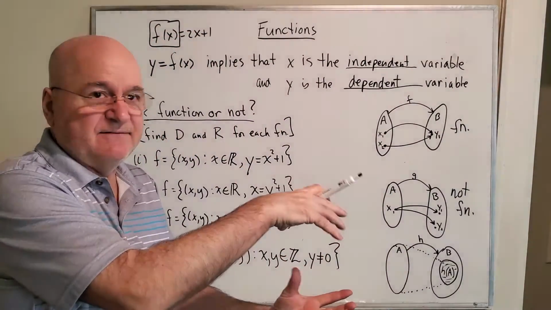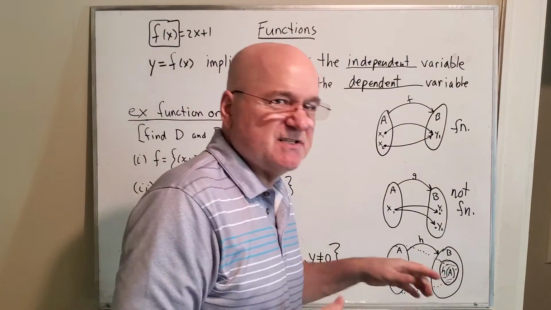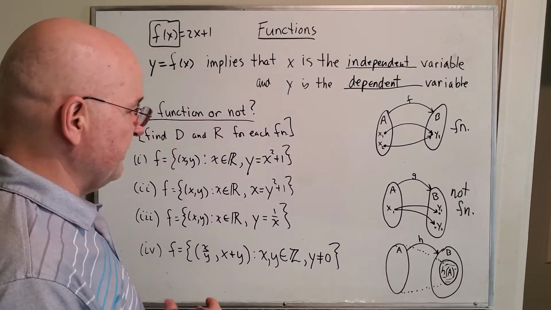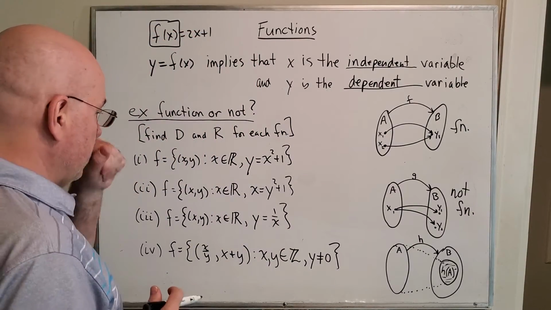B is the codomain. The image is the numbers that actually get mapped to. h of A would be the image of the function h.